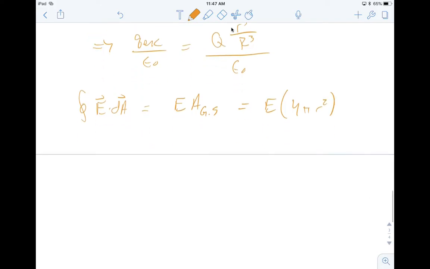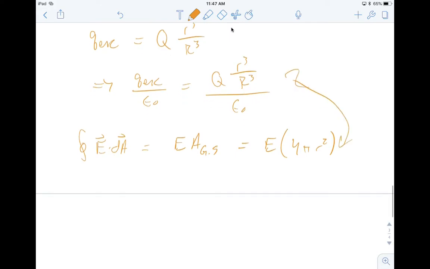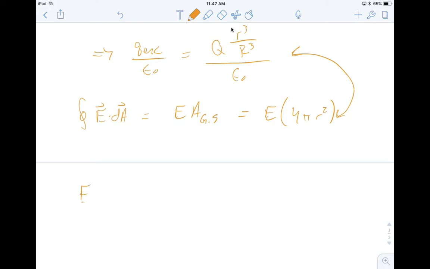We set these two equations equal to each other and solve for electric field. So we have E times 4 pi r squared equals Q little r cubed over big R cubed over epsilon naught.